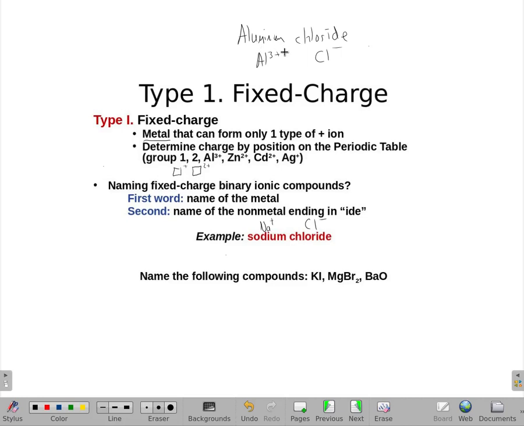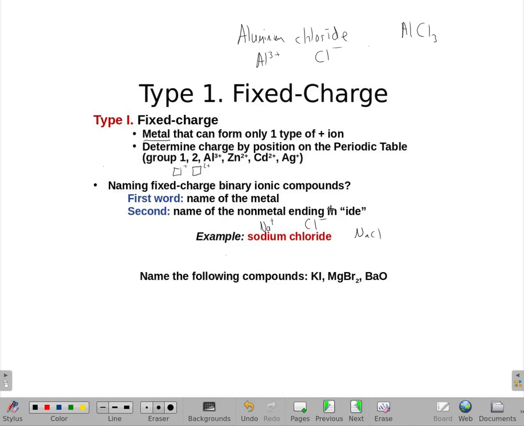What I mean by that, you have 3 positive charges here with the aluminum, but only 1 negative. To cancel them out, aluminum chloride needs more chlorides. 3 chlorines, because that would give you 3 negatives. I didn't have to do that with sodium chloride. Since that's a positive 1 and that's a negative 1, this is just NaCl. We always combine those positives and negatives so they cancel out.